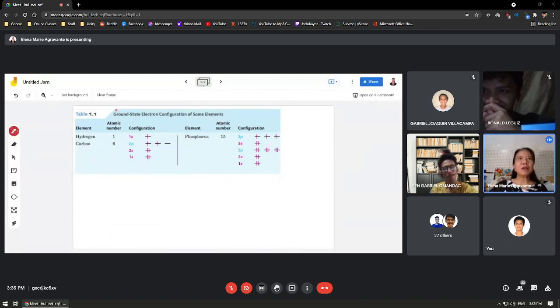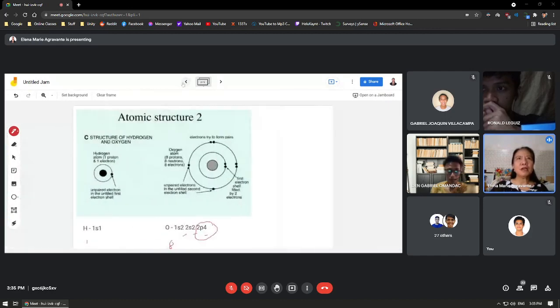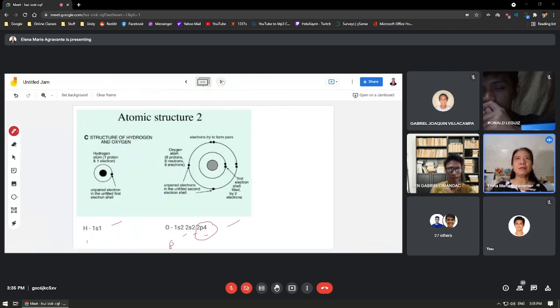Now, look at this one, ground state electronic configuration of some elements. Ideally, the ground state. Let's get back to that.